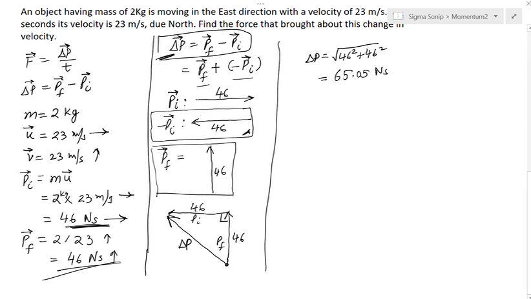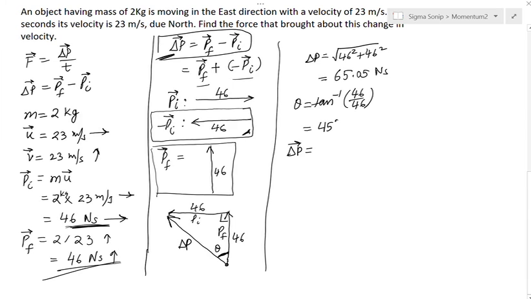And to find the direction, I need to say this angle is theta, and I need to find that angle as well. So let me write Pf here, and that's my theta. Again, I can find that theta is equal to tan inverse, which is equal to 45 degree.